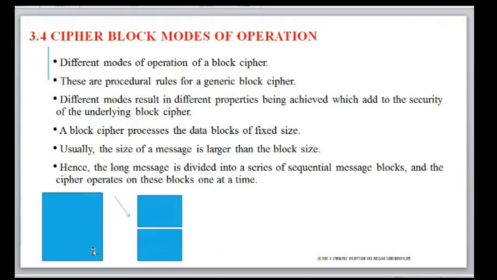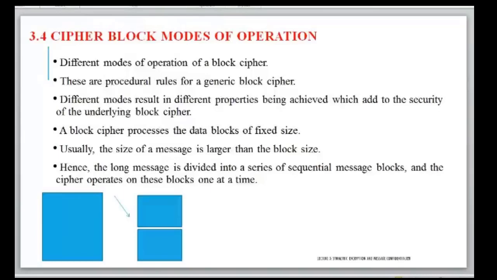So this is the entire data, the complete data I want to encrypt. Before encrypting, I'm dividing it into blocks. This is block 1 and this is block 2. I have 2 blocks here. Now, how will these blocks be handled? That is called modes of operation. There are many different methods available.